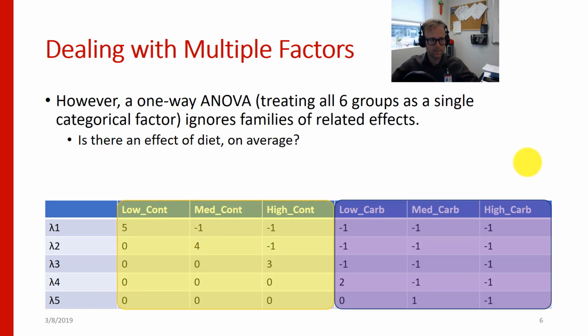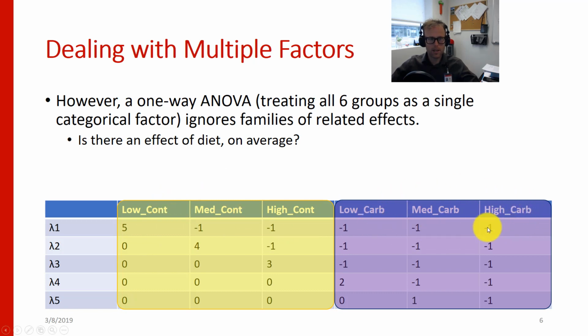However, a one-way ANOVA treating all 6 groups as a single categorical factor ignores related families of treatments, right? We are assuming that these groups aren't related to each other when we do that 6-level analysis. But in reality, these groups actually have something in common. They were all control groups, and these groups all have something in common.